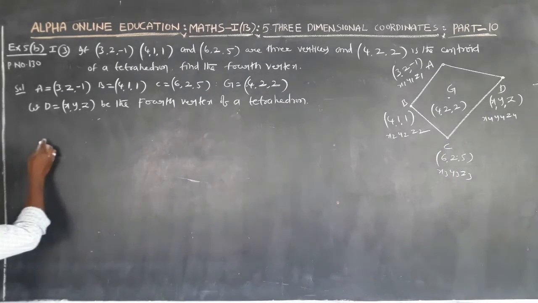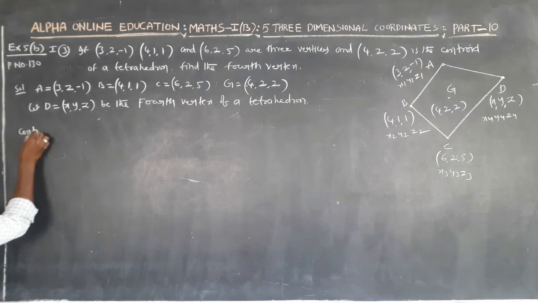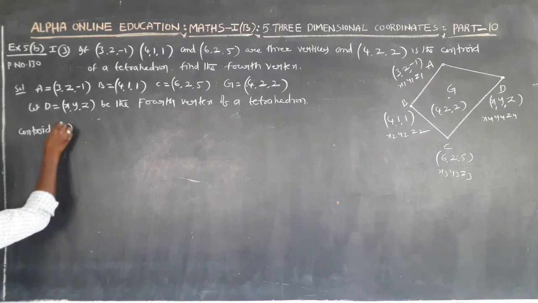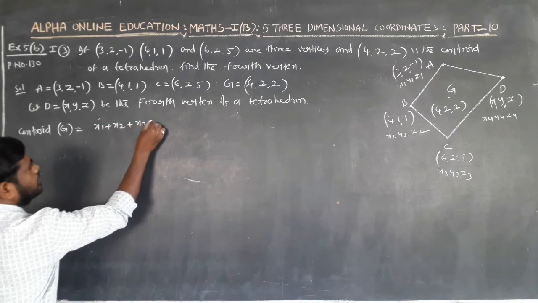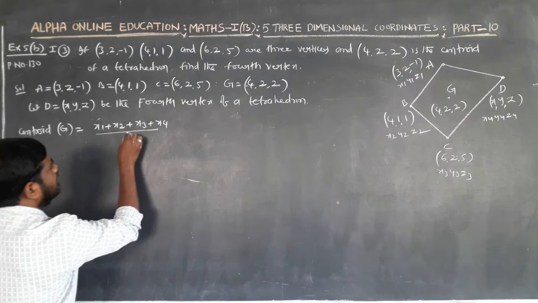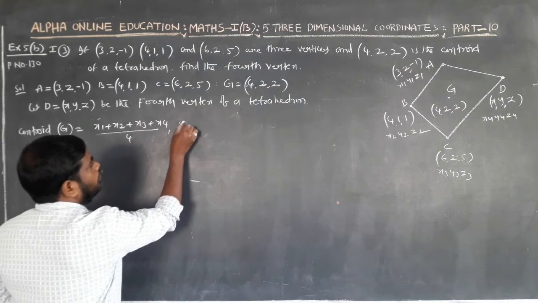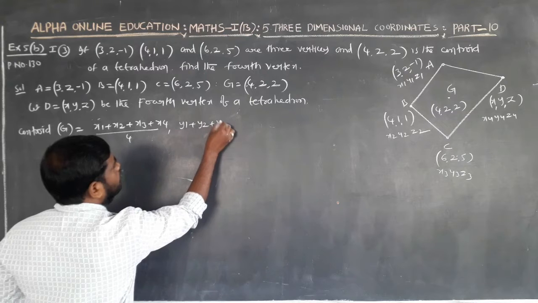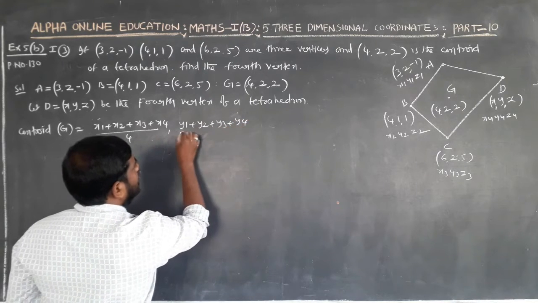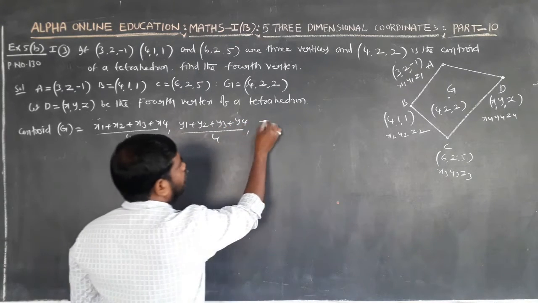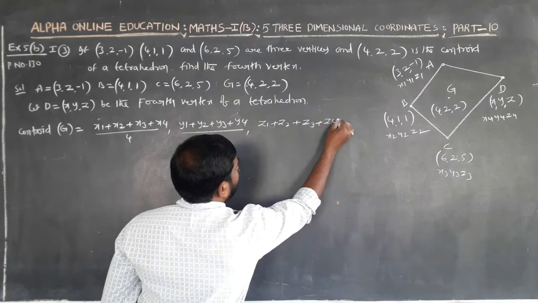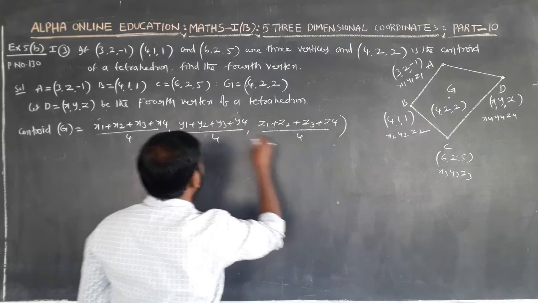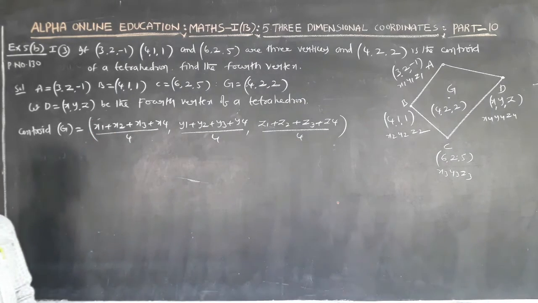The centroid of the tetrahedron is equal to x1 plus x2 plus x3 plus x4 by 4, y1 plus y2 plus y3 plus y4 by 4, z1 plus z2 plus z3 plus z4 by 4.